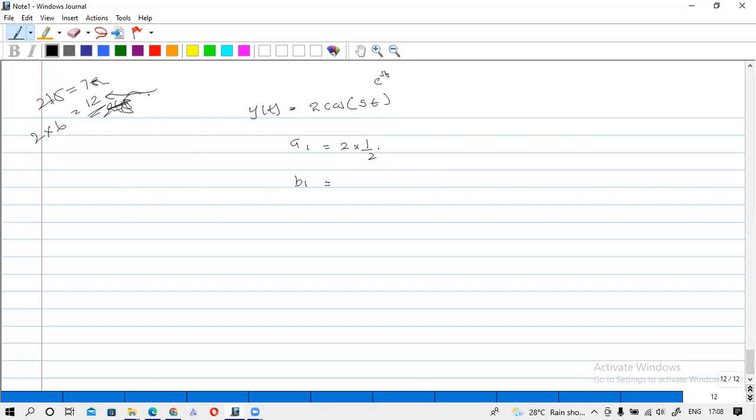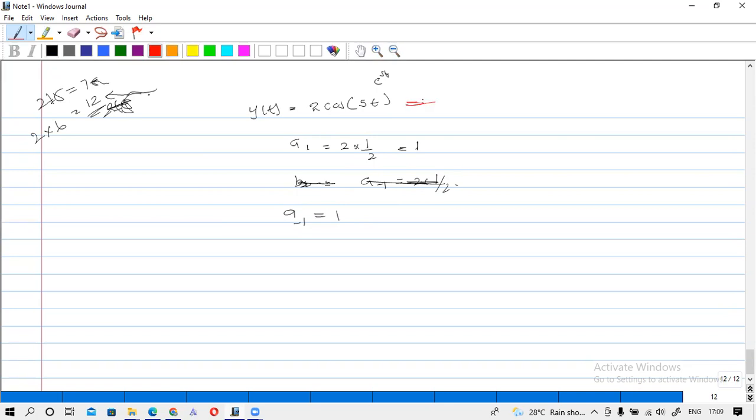So I will get 2 by half only, and that is a1, and I will get a minus 1. A minus 1 is also 2 by half. So I have a1 equal to 1, a minus 1 also equal to 1. Correct? I'm not sure. Let's take it.